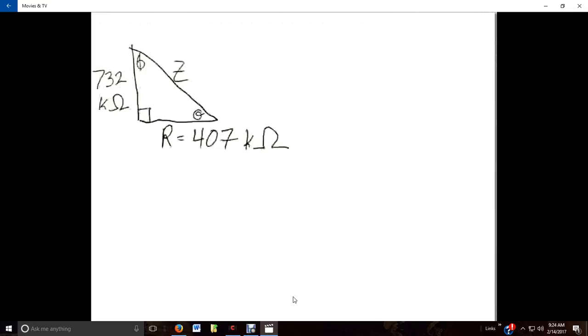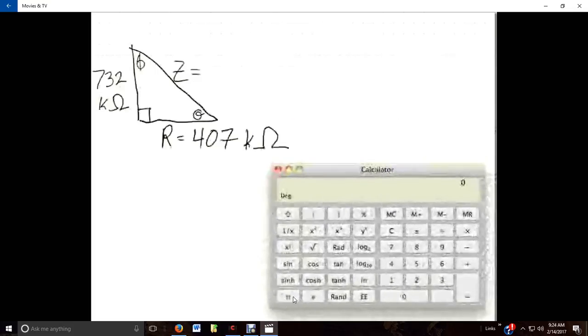Well, we know how to find the impedance with our Pythagorean theorem.